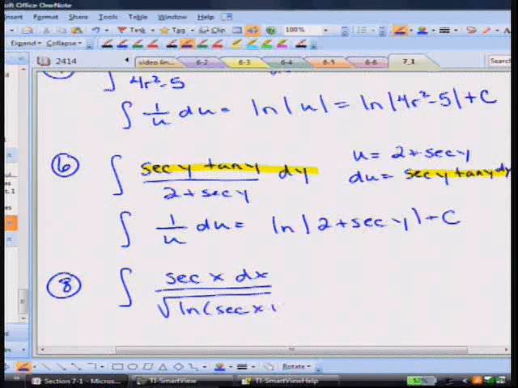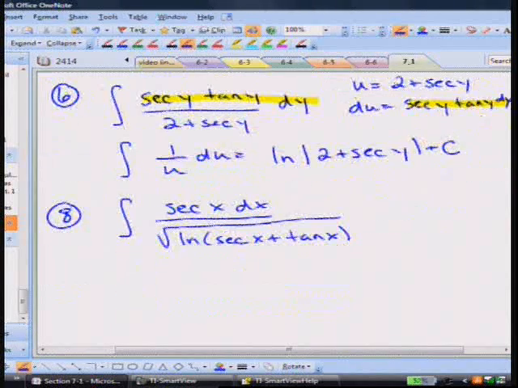This one's much harder, because it's not real obvious. You know, the derivative of the secant is secant tangent, but that just looks like a big mess there, so we're going to have to do some real thinking here.